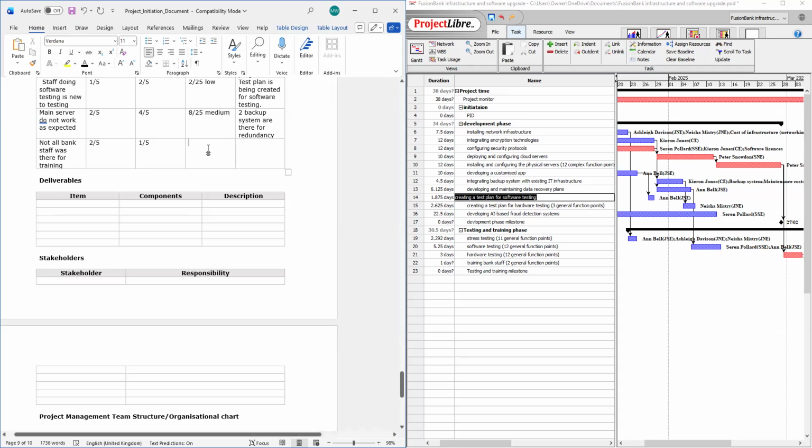And then 2/5, 25, sorry. That would be low. What's our contingency plan? We could have another staff do training at a later date.